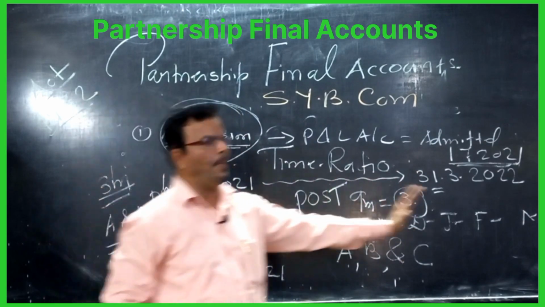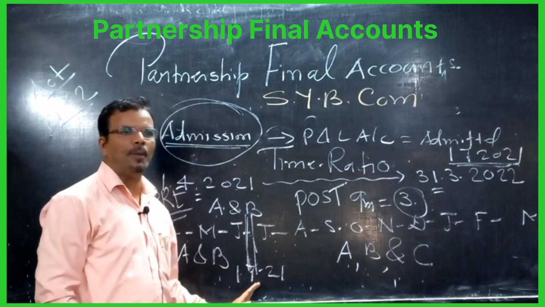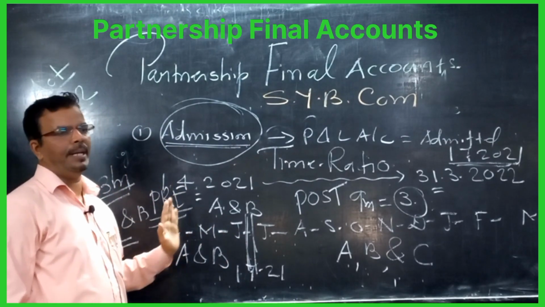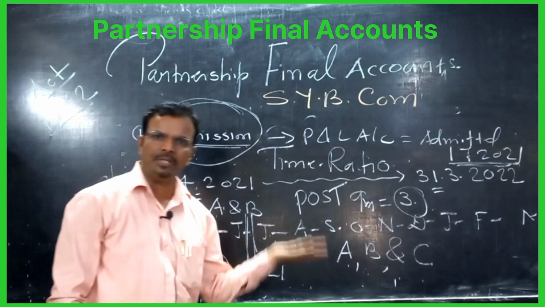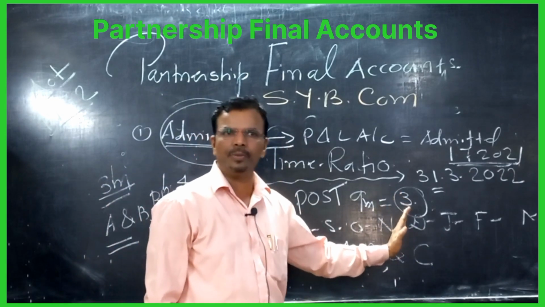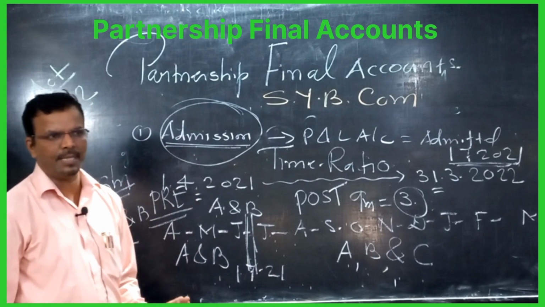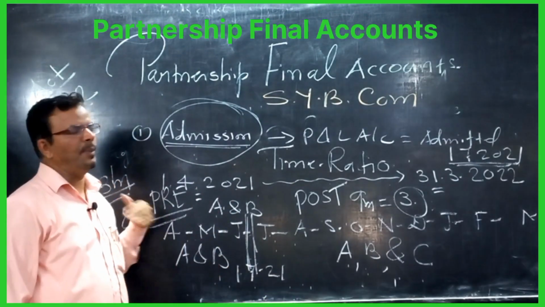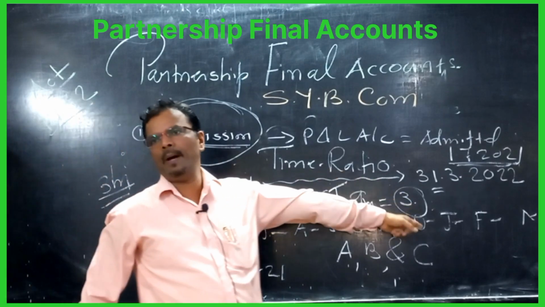So in that case, we always prepare this diagram. April to March, we will take the date of admission. We will see how many months are there before it, and that period is called pre. After the admission, we will see how many months are there. In this case, the partner is admitted on 1st July and my financial year is April to March.